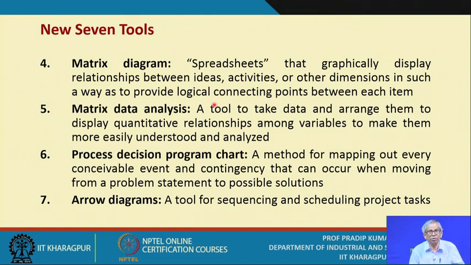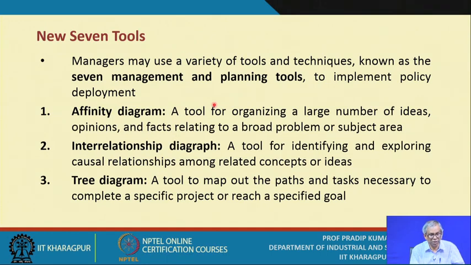I will explain them later on, but at least you should be aware of these. The managers use a variety of tools and techniques known as the 7 management and planning tools to manage the policy deployment. This means these tools are used at the higher level, for quality improvement and quality assessment purposes.